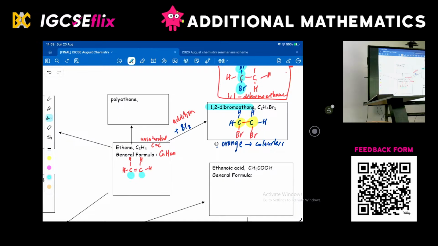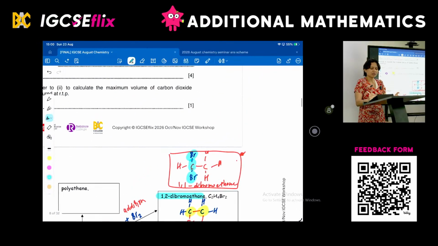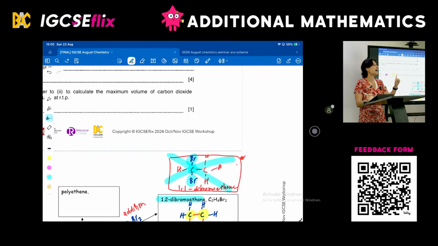If the whole hall is full, there's only 2 empty chairs, of course, they're going to sit on the 2 empty chairs. So what happens here is, the alkene has only empty spaces in the first and the second carbon. Whatever you add into the molecule must go into the first and second carbon. So this one cannot be made by addition.